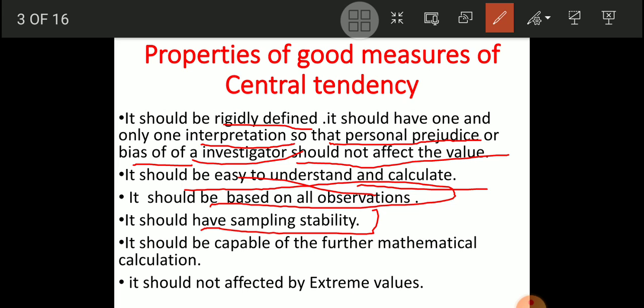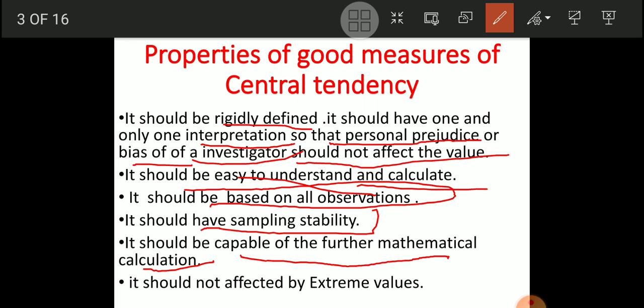So that should not happen. It should have sampling stability. Again, whatever measure we have taken should be capable of further mathematical calculations.